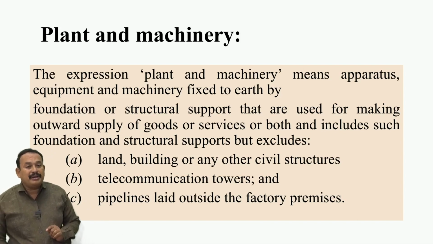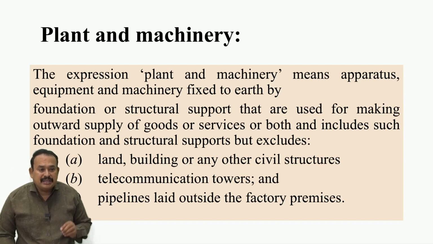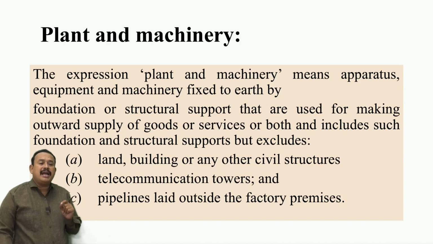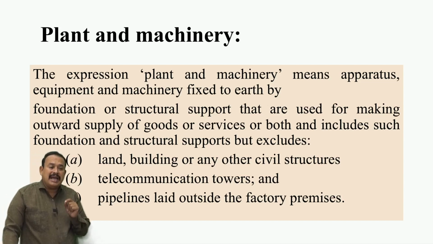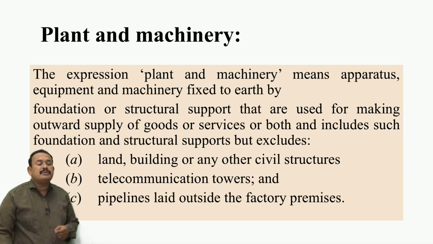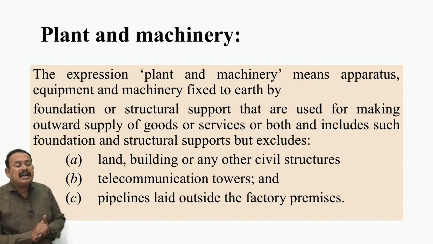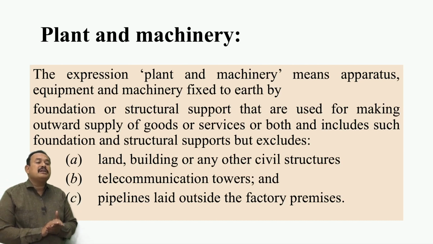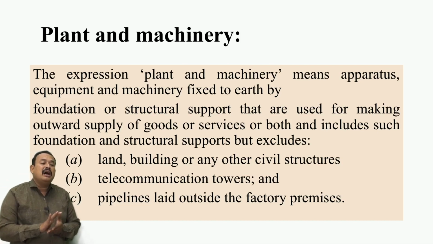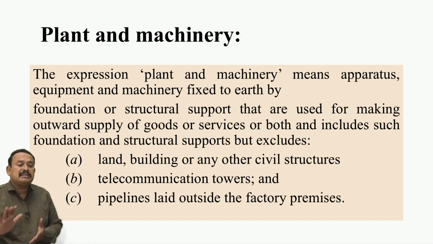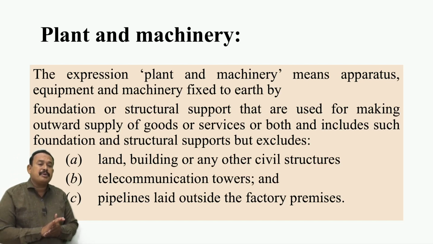What do you mean by plant and machinery? The expression plant and machinery means apparatus, equipment and machinery fixed to earth by foundation or structural support that are used for making outward supply of goods or services or both, and includes such foundation and structural supports but excludes land, building or any other civil structure, telecommunication towers and pipelines laid outside the factory premises.